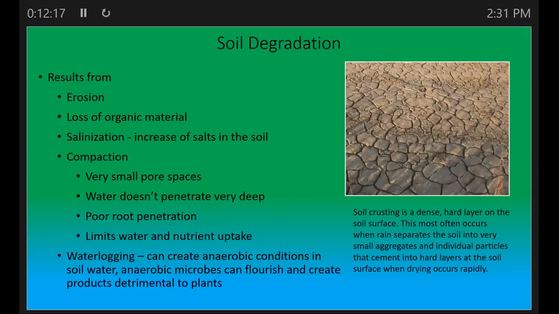So if you look at soil systems around the world, there's all different kinds of quality. And degradation happens over time. And I think, again, if you just think about it, this list would be something that you could come up with pretty readily. Erosion, of course, is a big one. And with the Dust Bowl that happened in the early 1900s, we had severe erosion and the soil actually went off into the ocean.